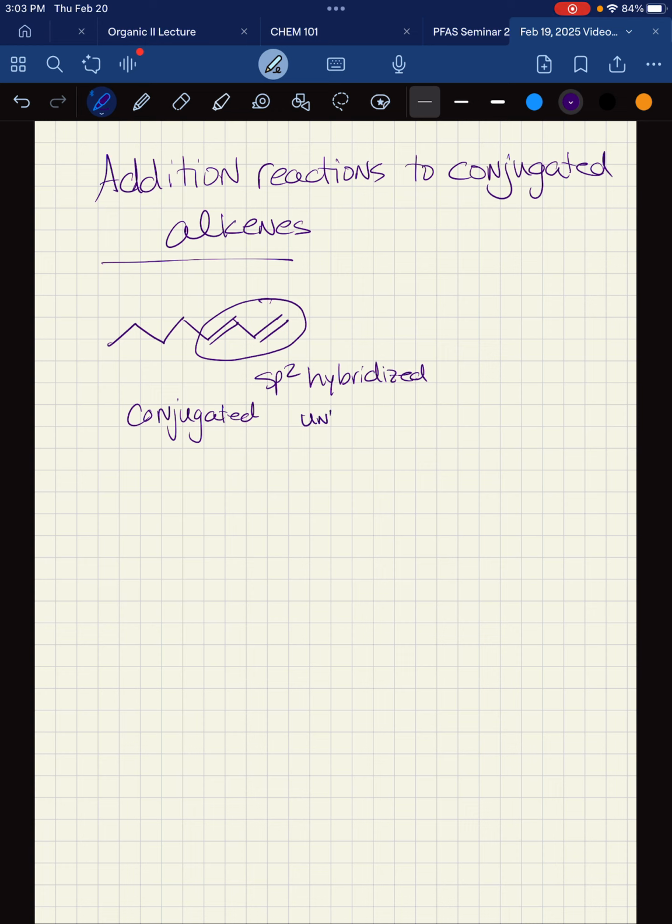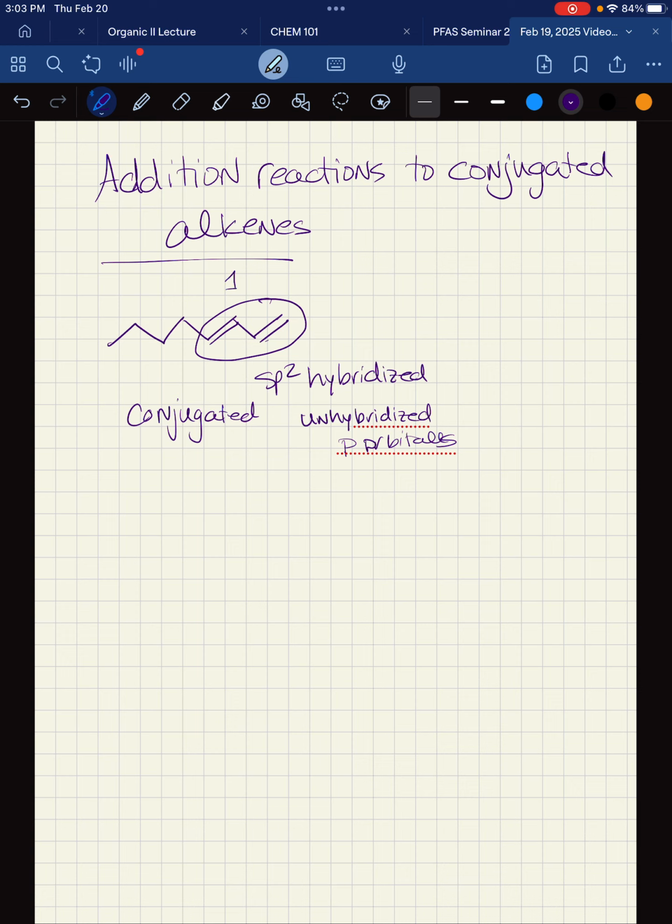So the unhybridized p orbitals are either going to be involved in these pi bonds or in resonance with a lone pair or something like that. And these are going to be what allows this to have communication across those unhybridized p orbitals with these 4 pi electrons.